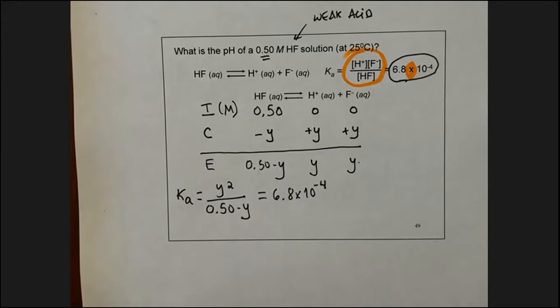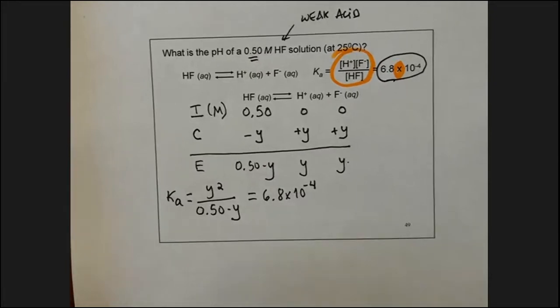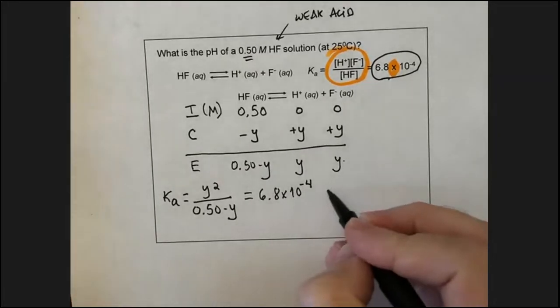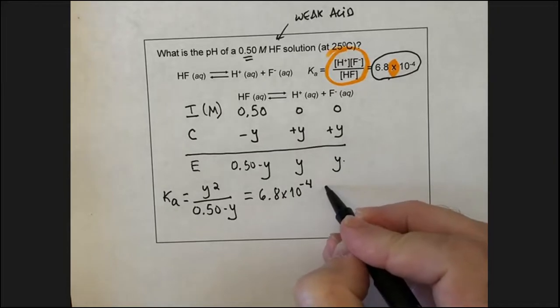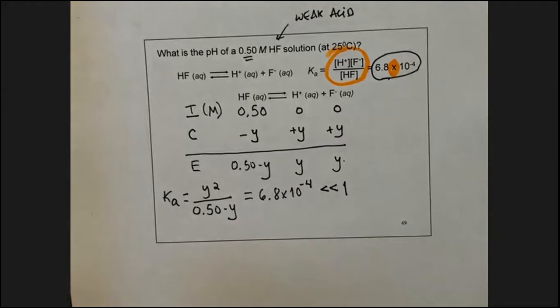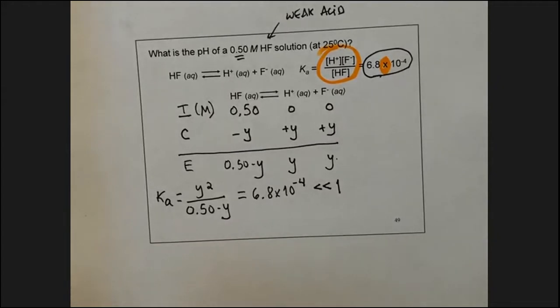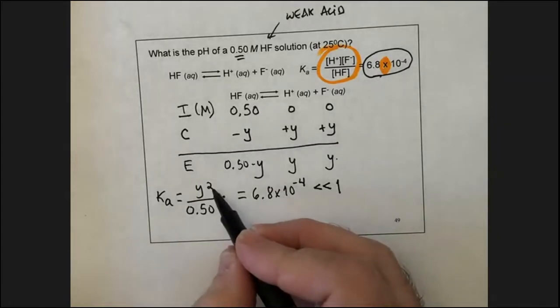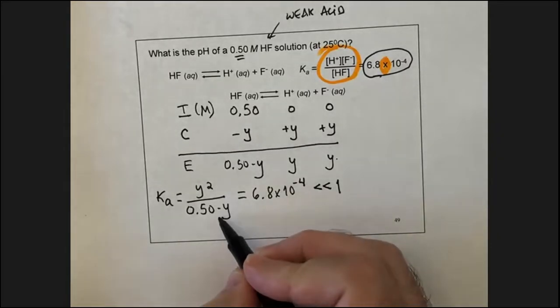Now, here's what we do here. Again, this is where chemistry goes in before math. This value is very small. It's very much smaller than 1. In other words, what it's telling me is that this number on the top is very small compared to the one in the bottom.